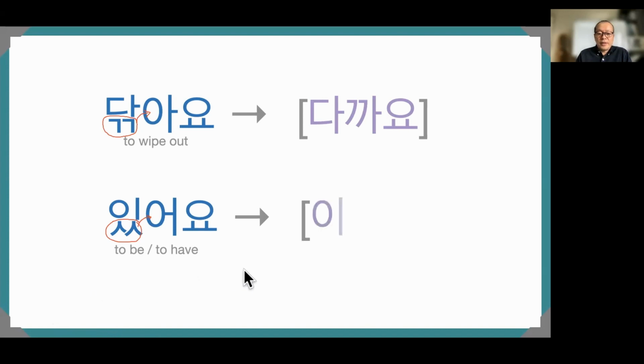So the pronunciation is 있어요, 있어요. Okay, please don't get confused. Let's read one more time. 다 까요, 있어요, 있어요.